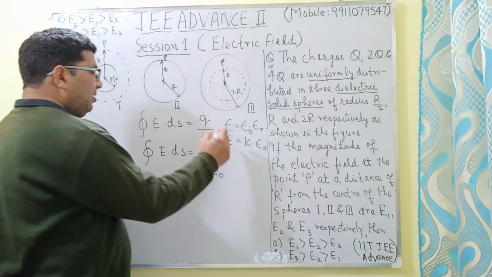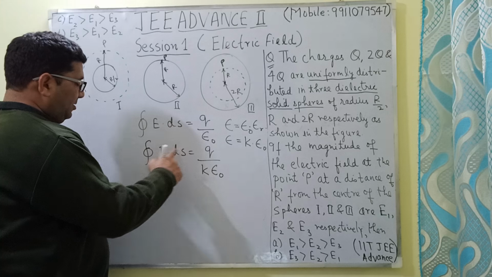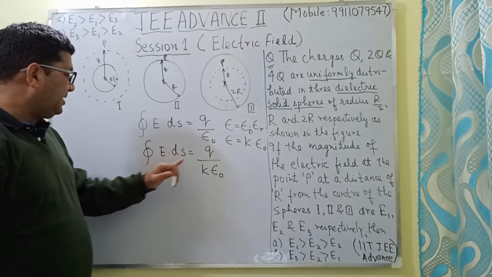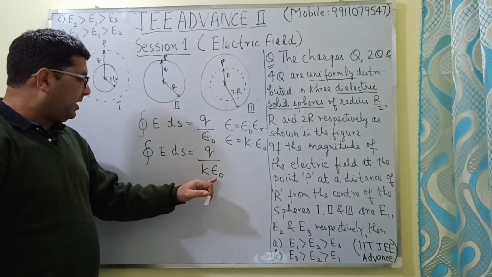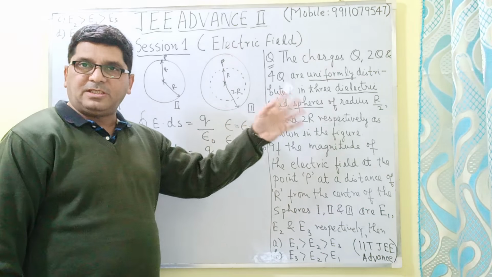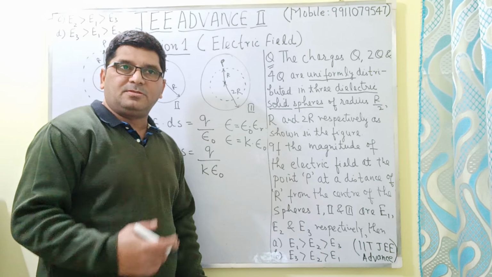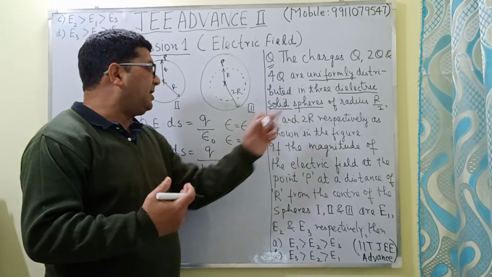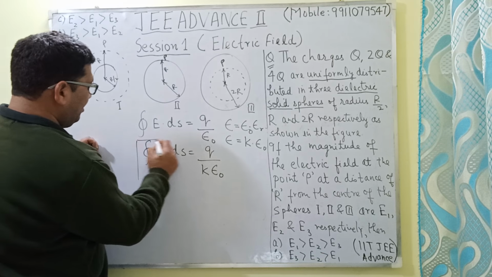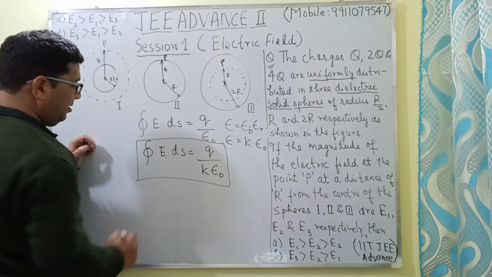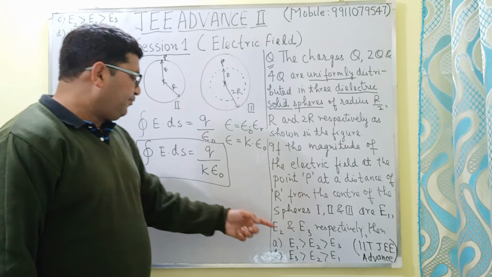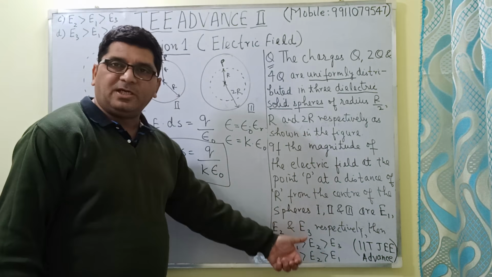So in the case of a dielectric, the Gauss law is given as ∮E·dS equal to Q divided by K epsilon naught, where K is the dielectric constant of that medium. So here I will be using this formula, and using this formula I will be calculating the value of E1, E2 and E3.